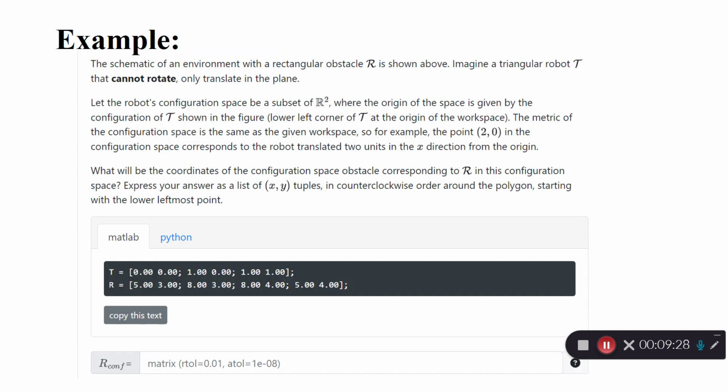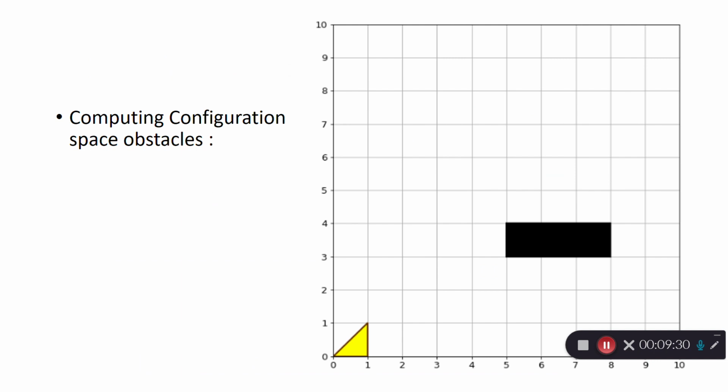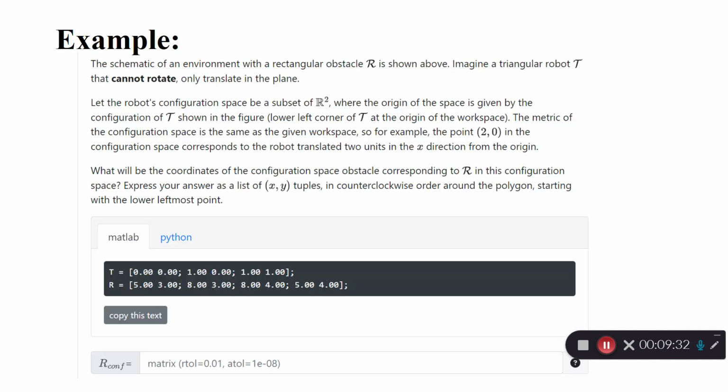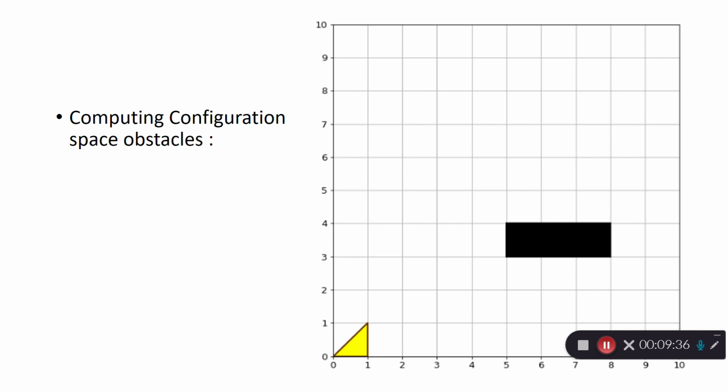From here, let's take an example. There is a robot which is at the 0,0 position right now, and it has to go right across the whole triangle and then come back. So we have to figure out the number of R configurations where the robot is going to move.